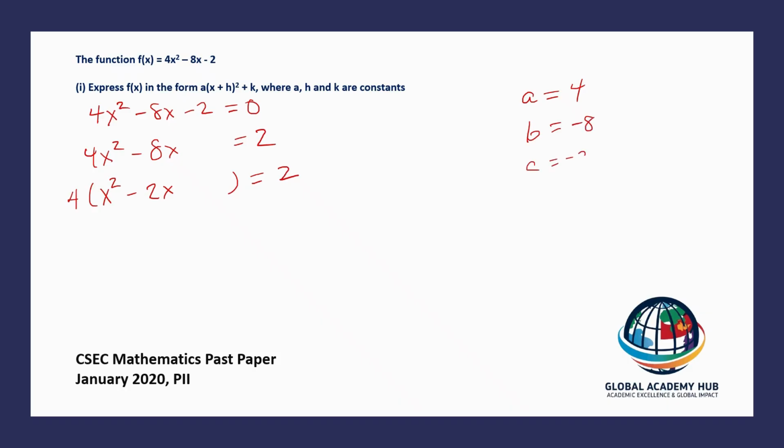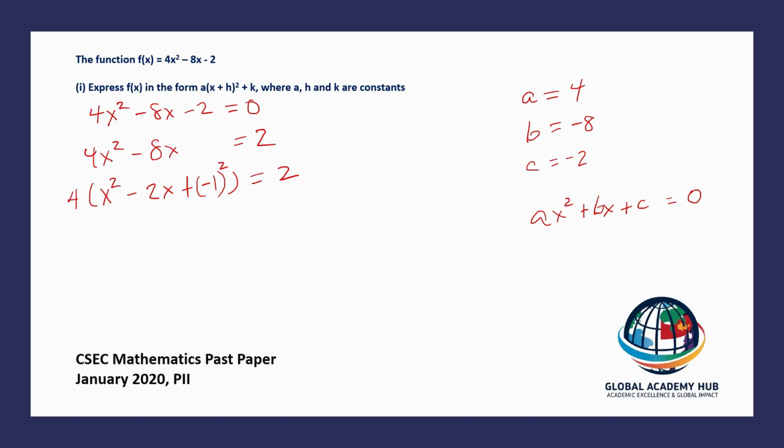Where am I getting this from? ax² + bx + c is equal to 0. Okay, so b in this case is minus 2. Half of minus 2 is minus 1. So I'm going to add (−1)². But I'm going to add that on both sides of the equation.